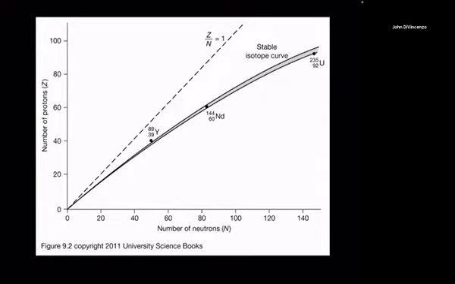The ratio of neutrons to protons increases as the atomic number increases across the periodic table. Take a look at calcium. The average atomic mass of all the isotopes is 40, and it's atomic number 20, which tells you 20 protons, roughly 20 neutrons. Now take a look at mercury.